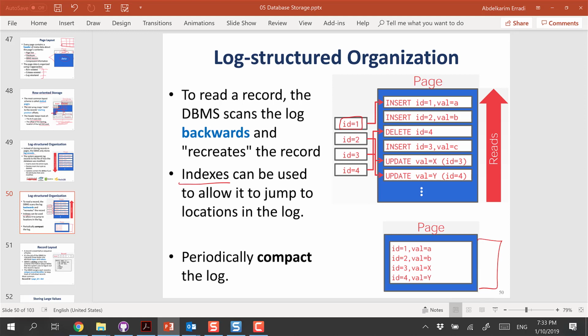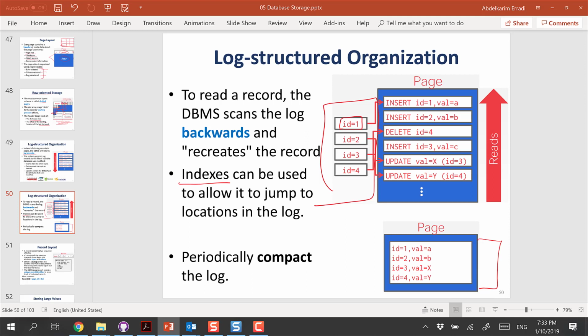Very good. It is fast in writing, but slow in reading. But you can enhance the reading with two things, as I mentioned here. Either by using indexes for each particular ID, which has pointers to log entries related to that particular ID.